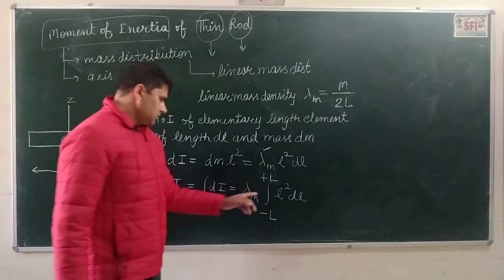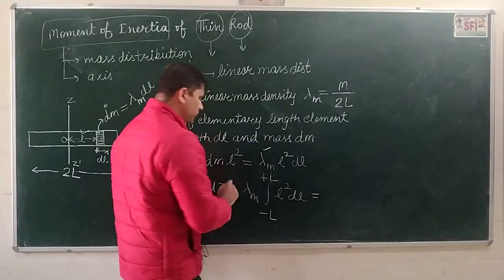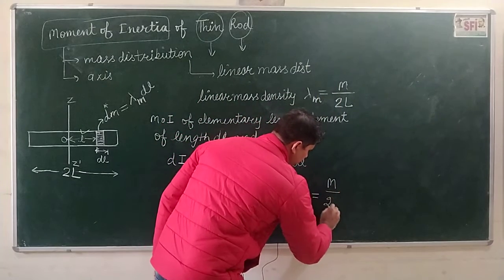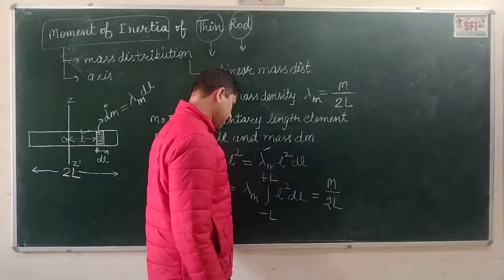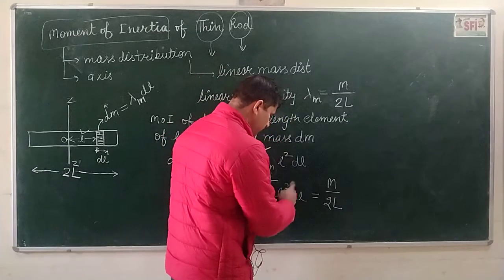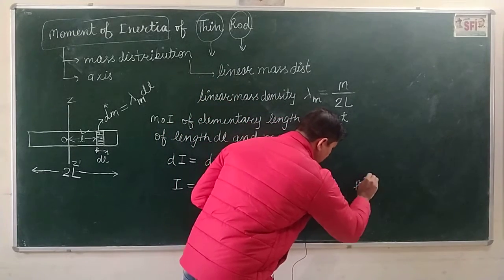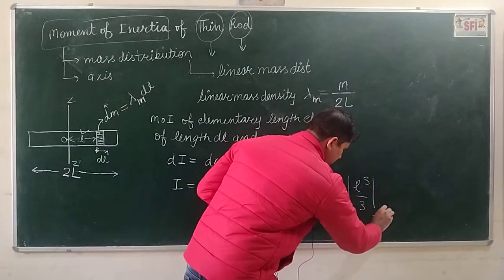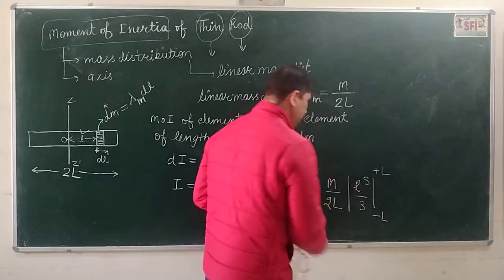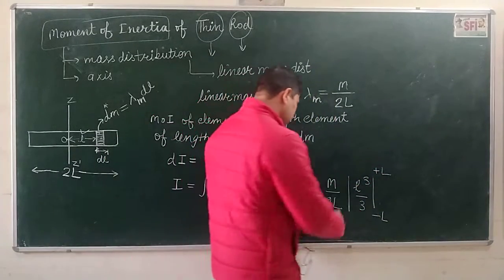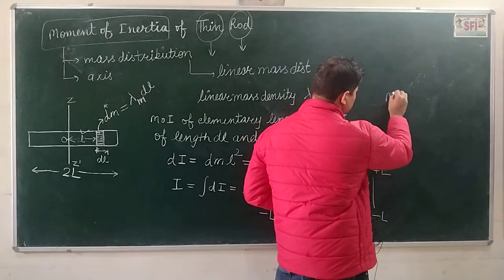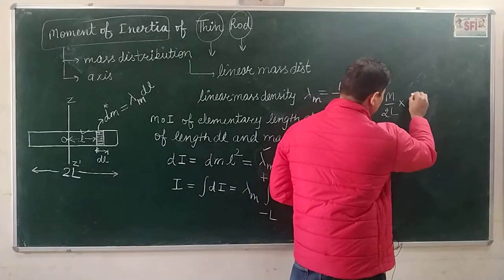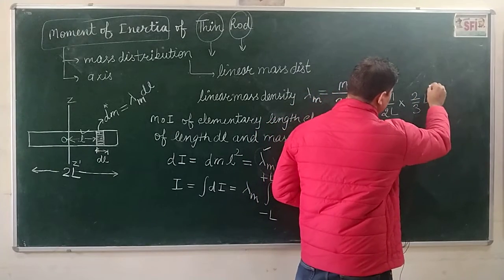If we substitute the value of lambda m, this is M by 2L. Then the integration of l square will be l cube by 3, and if you substitute its limits minus L to plus L, then you will get the result. So from here, let me solve it, it will be M by 2L into 2 by 3 of L cube.